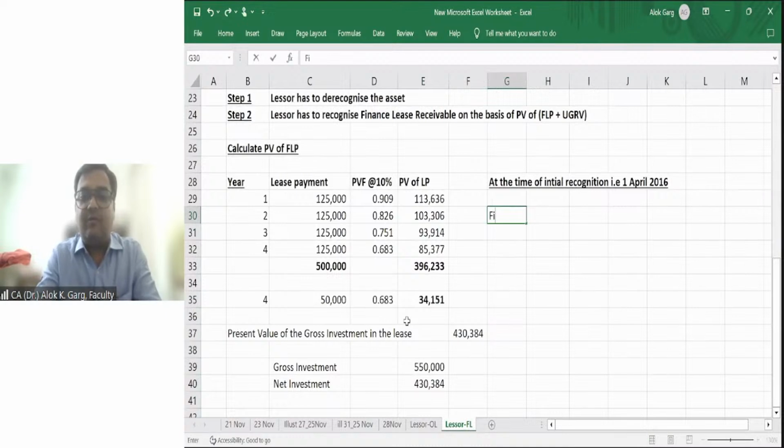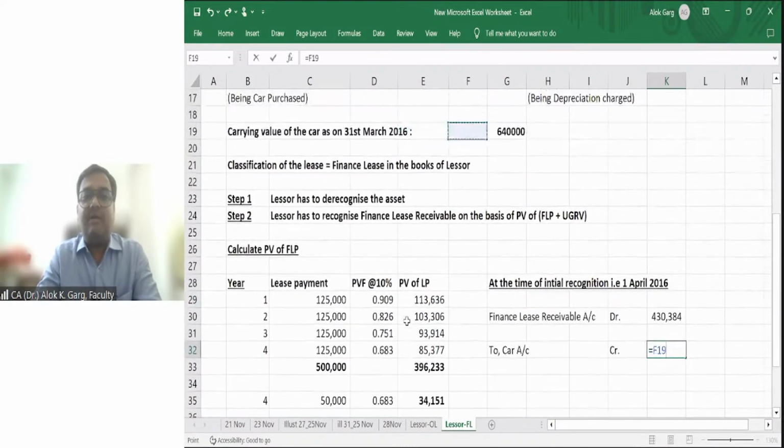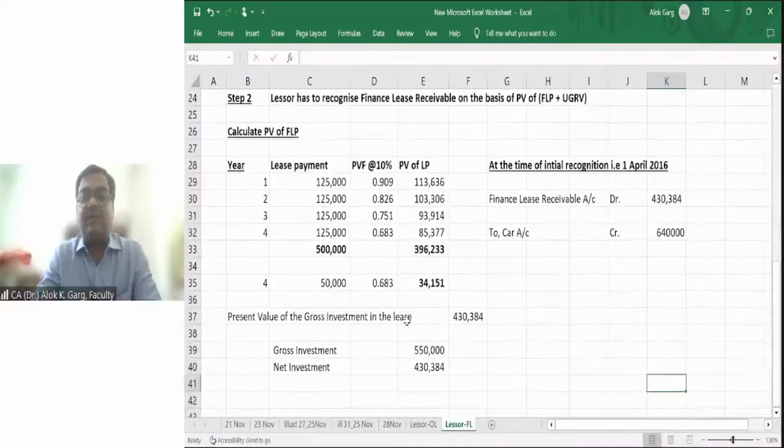What is the accounting entry? Finance lease receivable account debit, by the net investment in the lease, which is 433.84. Second, you need to recognize your car account. Car account credit, by the carrying value of the car, 6,40,000.